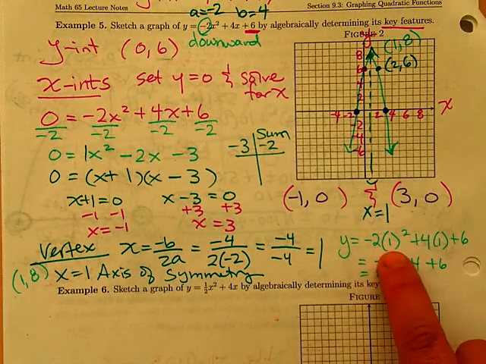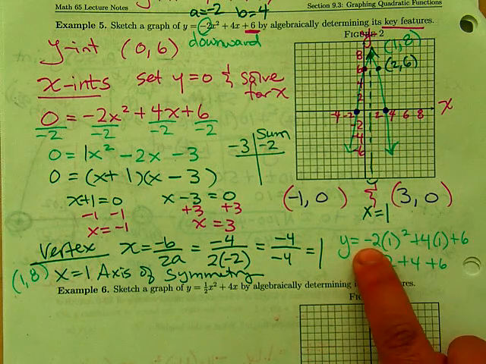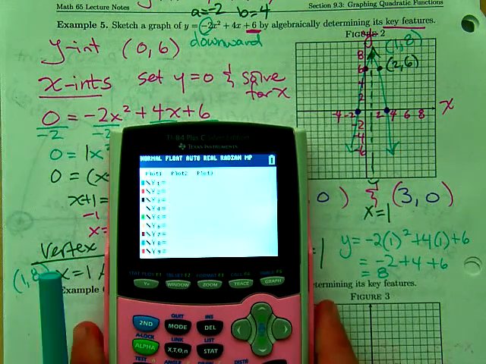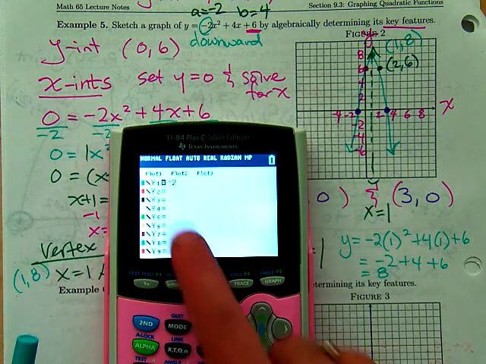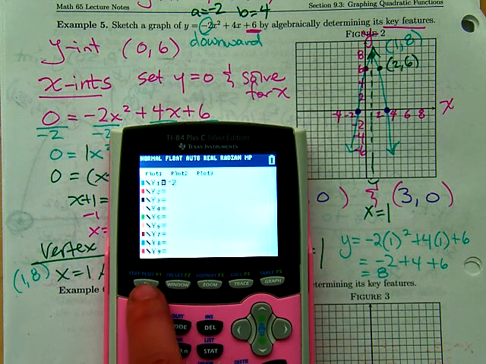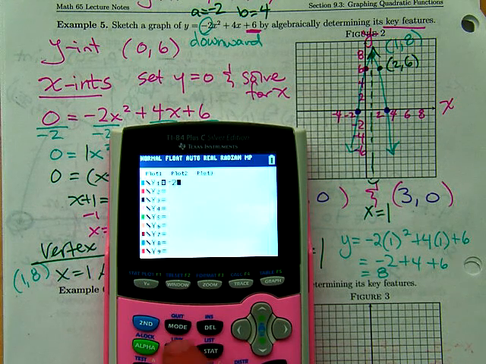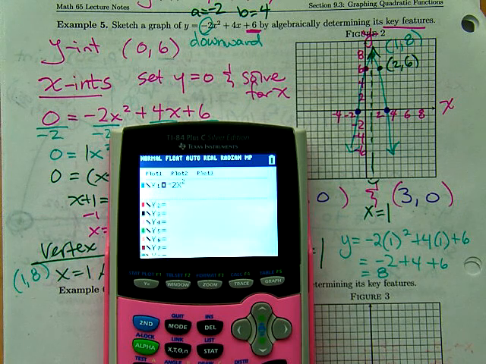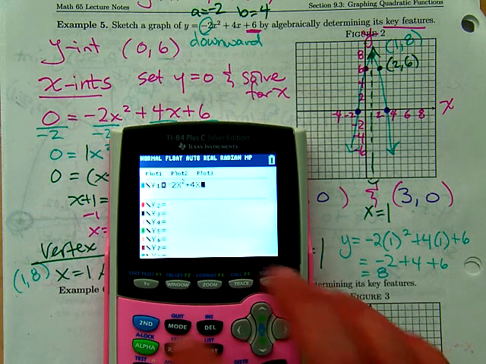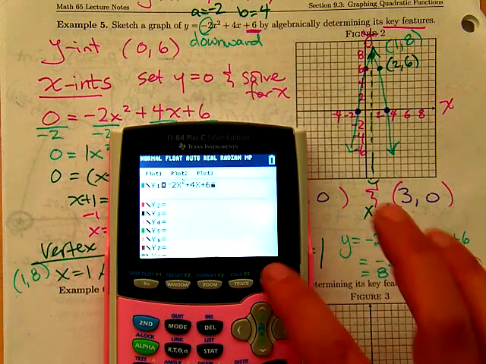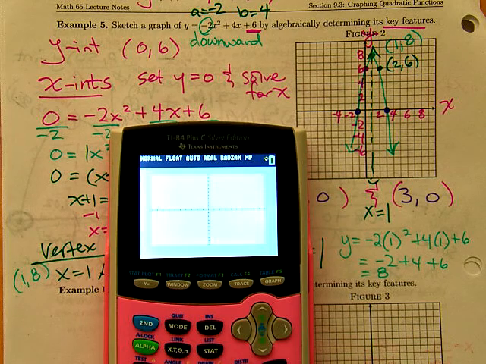1 squared is 1 times 2. So negative 2, when I use my graphing calculator, I go y equals negative 2, and then I plug in x squared plus 4x plus 6. I press graph, and I should see this parabola come up.